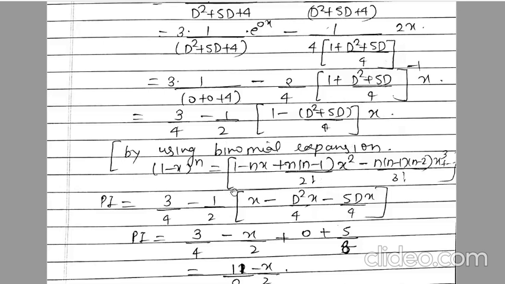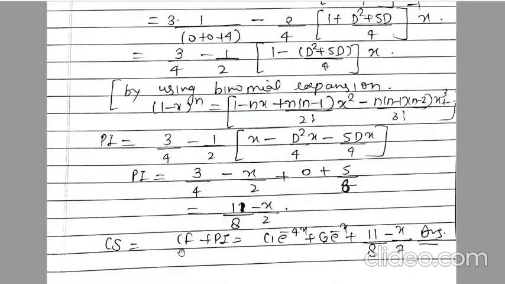So just multiply: 3 by 4 minus half x minus D square x upon 4 minus 5Dx upon 4. D square means derivative, you are differentiating a second time. The first derivative of x is 1, the second derivative will be 0, because differentiation of a constant is 0, and here differentiation is 1. So 5 by 8 minus x by 2. Just solve this and you will get CF plus PI is equal to the final answer.